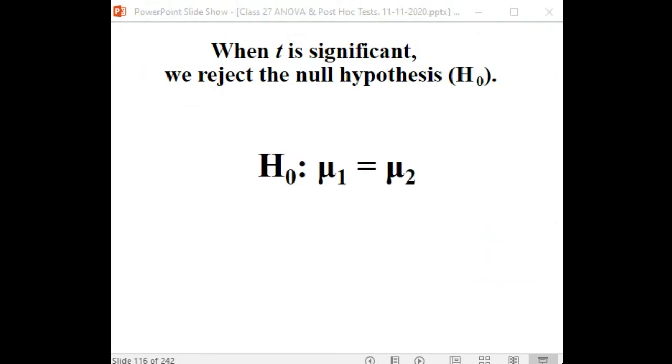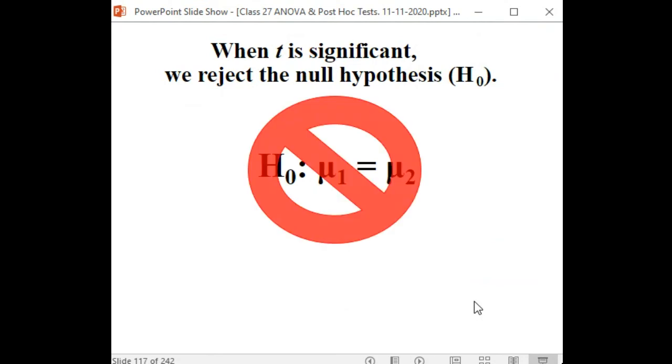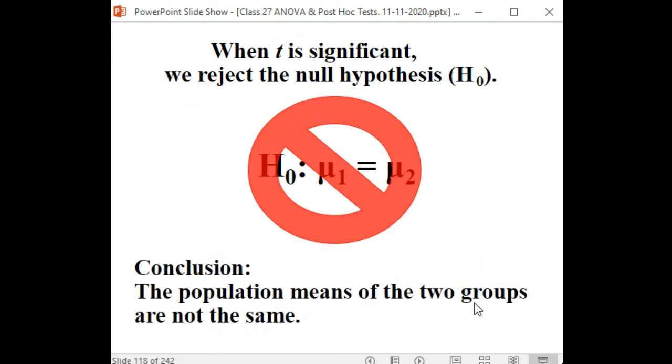For the t-test, the null hypothesis is that the population means of the two groups are equal to each other. That is, mu1 equals mu2. So if T is significant, we reject the null hypothesis, and we conclude that the population means of the two groups are not the same.